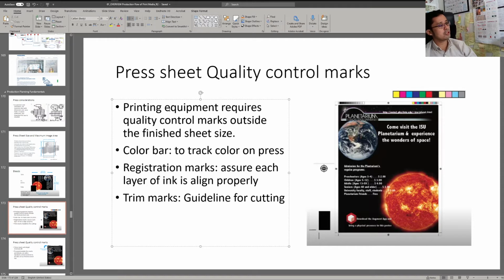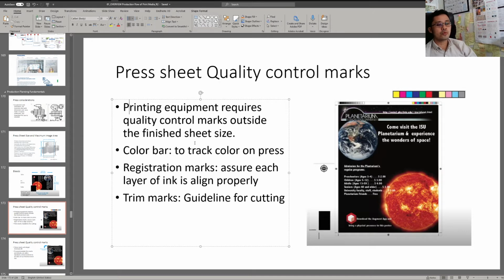Equipment, mesin, peralatan, yang berkaitan dengan percetakan. Saya tak cakap press, saya cakap yang berkaitan dengan percetakan. Apa dia? Folding contohnya. Mesin lipat kertas. Dia perlukan tanda untuk sebagai tanda bahagian mana yang perlu dia lipat.